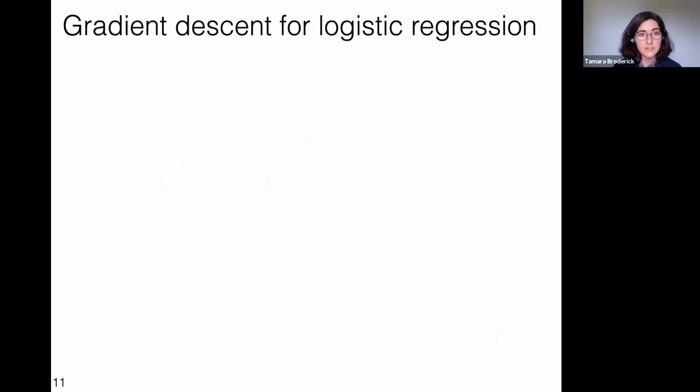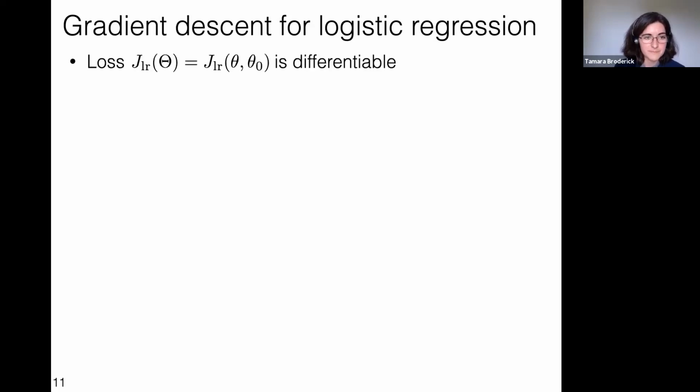Okay, so now let's look at gradient descent for logistic regression. Our loss, first of all, is differentiable. You'll notice that in gradient descent, we take the gradient, we take the derivatives. And so you can't even apply it if you don't have derivatives. Here, our loss is differentiable, so we can apply gradient descent. That's the first big thing.